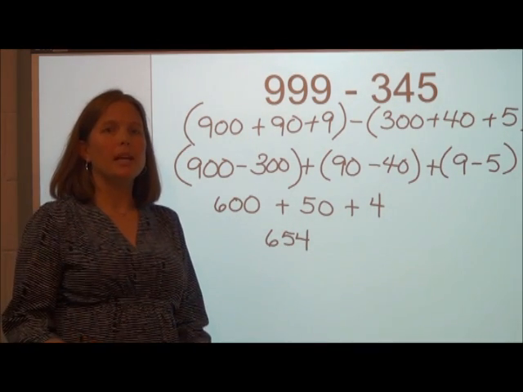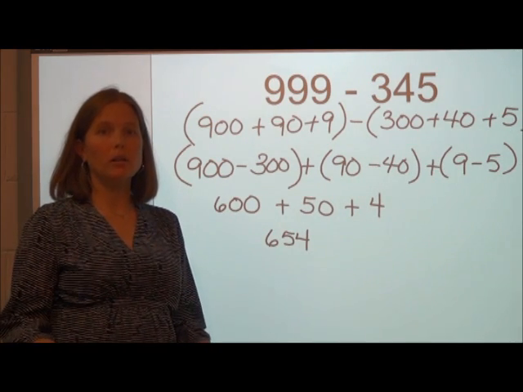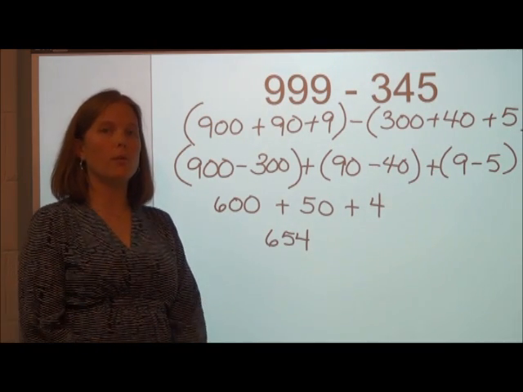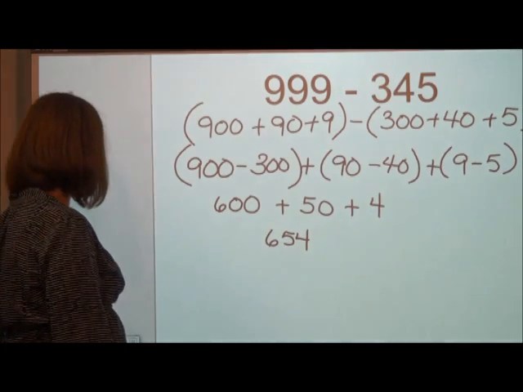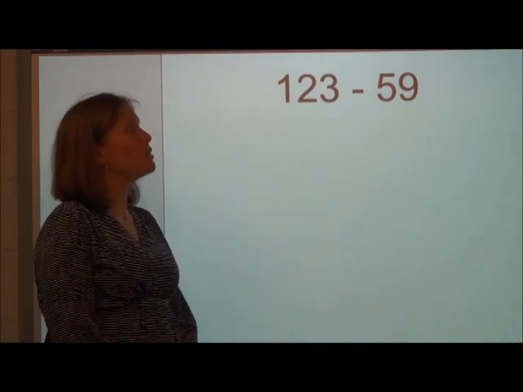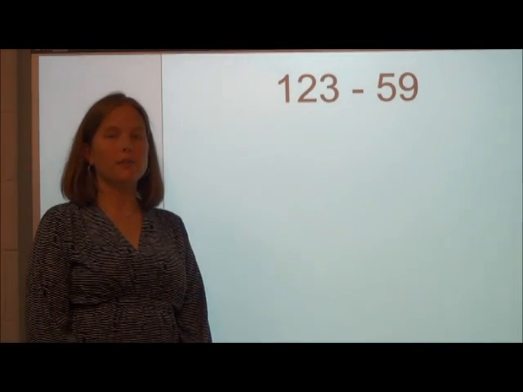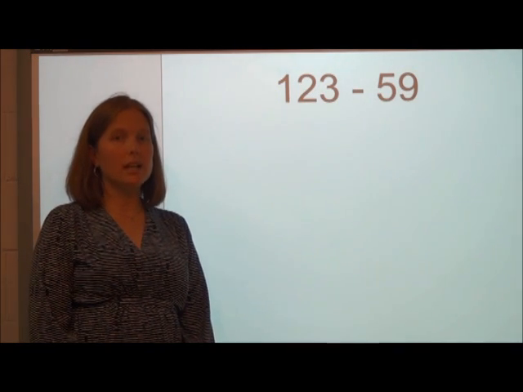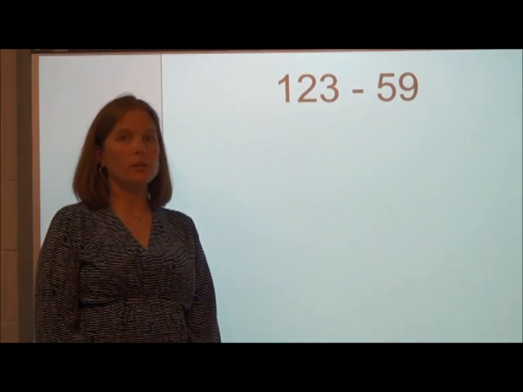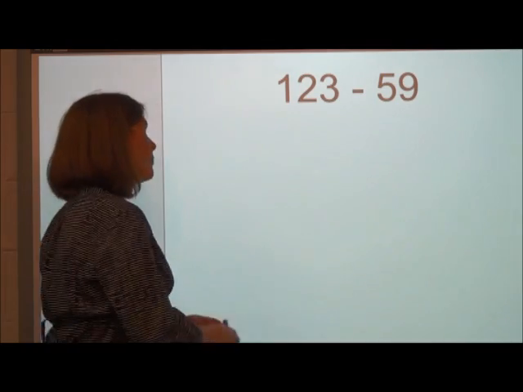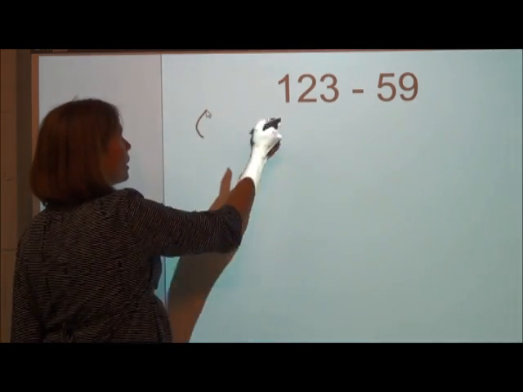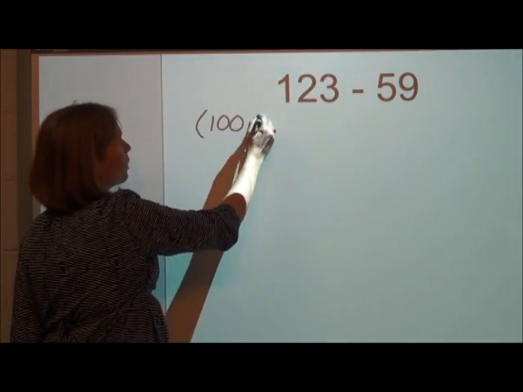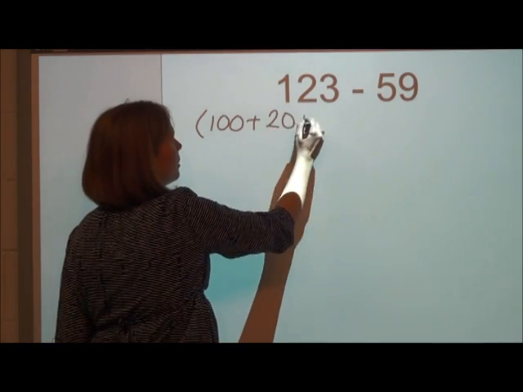So what will happen if we need to regroup? Well, you can tackle this problem two different ways. Let's look at this problem. 123 minus 59. We're going to start the same way with breaking our two numbers into expanded form. So 123 is going to be 100 plus 20 plus 3.